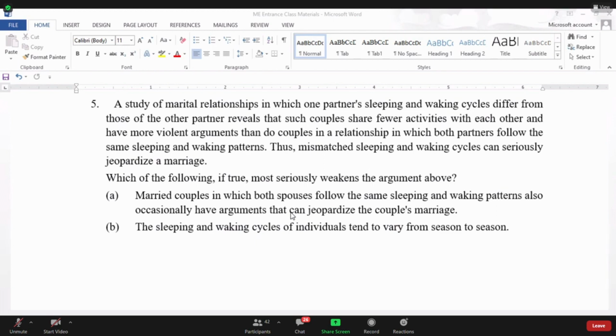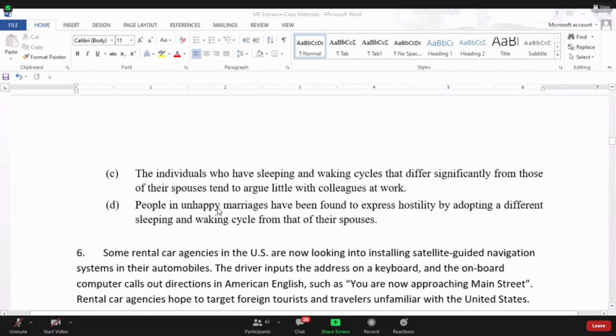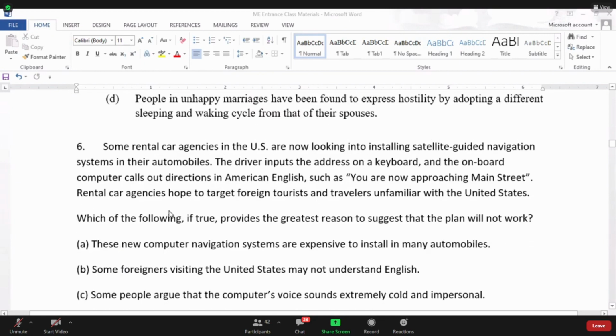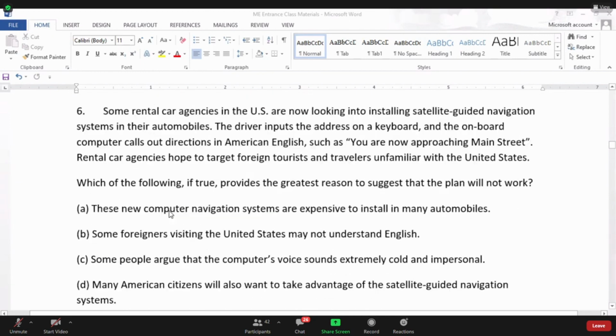Is it clear? Any confusion? Yes, sir. Okay. Now, passage number 6. So B is the right option. Does anybody have confusion?